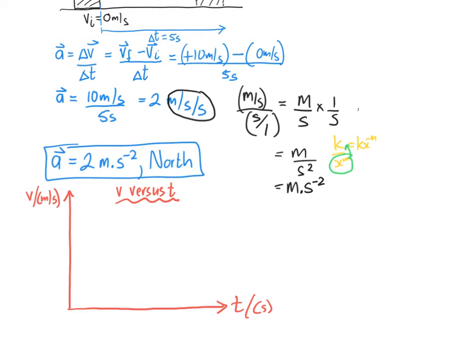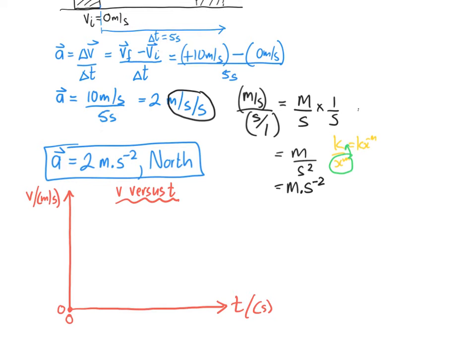Now, in this particular problem, the object started off at rest. So on the vertical axis, the velocity was 0, when on the time axis it was 0.